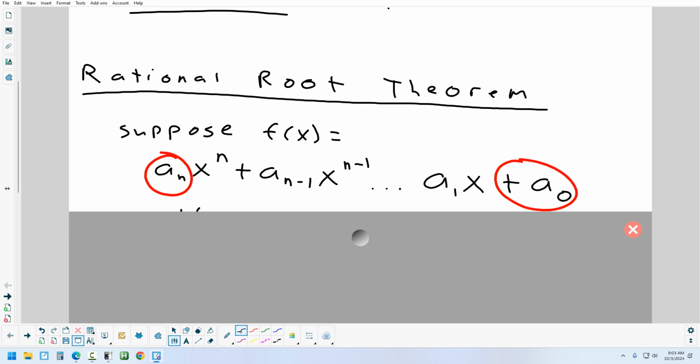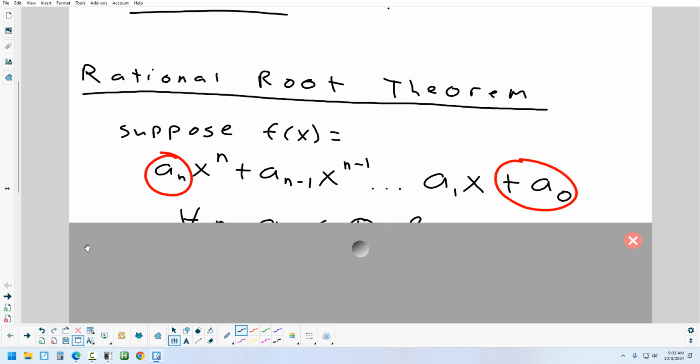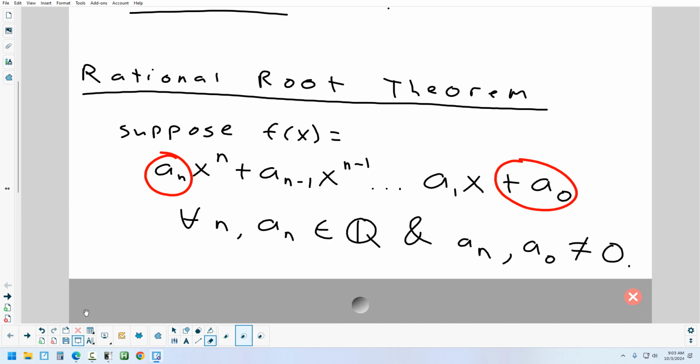Those are the only two numbers that are going to affect where this graph could cross the x-axis at a rational point. Now, the only thing that this doesn't work for is that the constant can't be 0. If the constant is 0, then we run into a little bit of a problem.